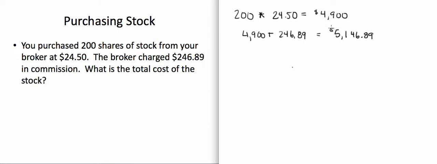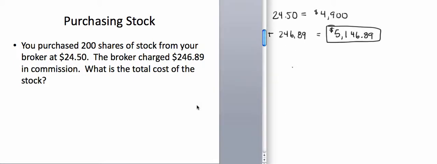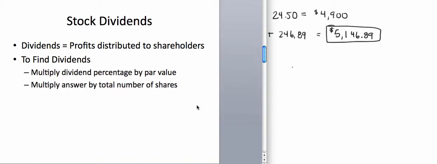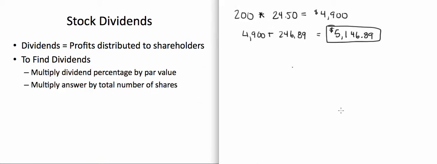Okay, so this would be our total cost of the stock. All right, so we found the cost of the shares, add in our commission, any other costs there, and we get our total price.